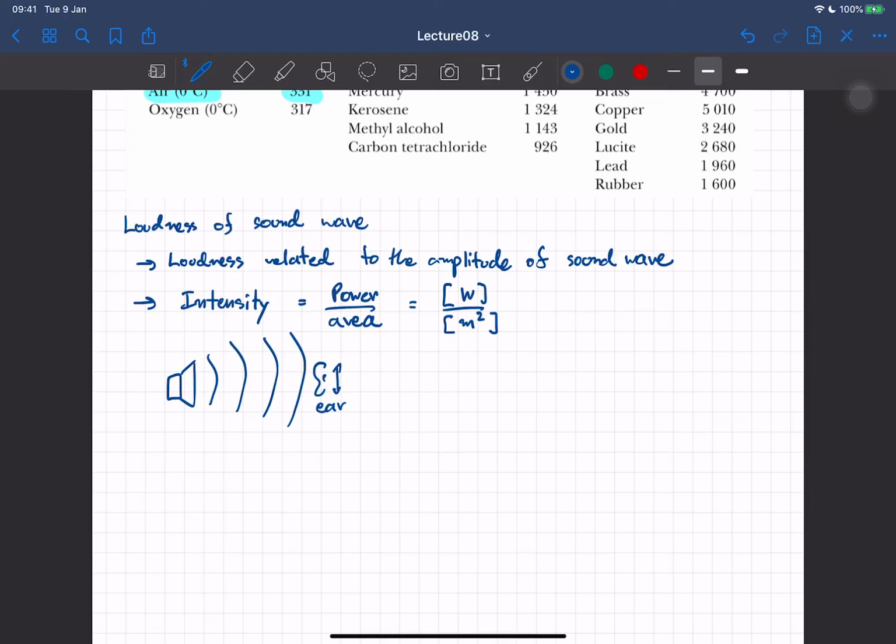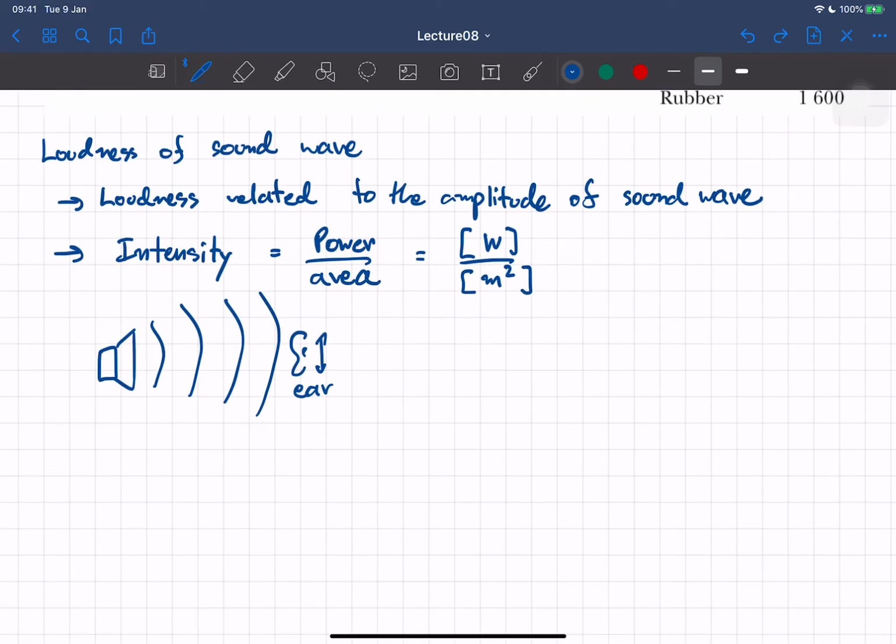So the reason why we have to divide by the area is that if you compare a large area detector and a small area detector, for example, you have an elephant which has a really large ear, and then you have human ears which are smaller. So let's say this is elephant ear, and this is human ear.